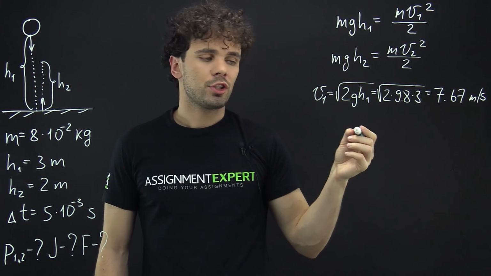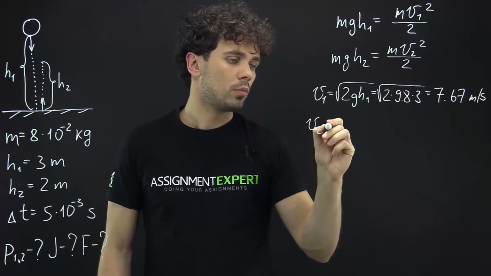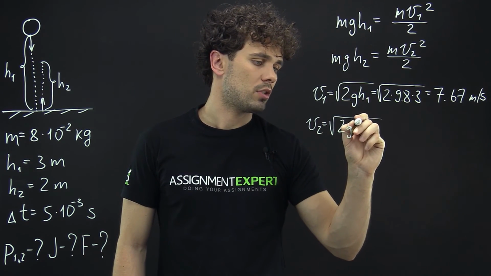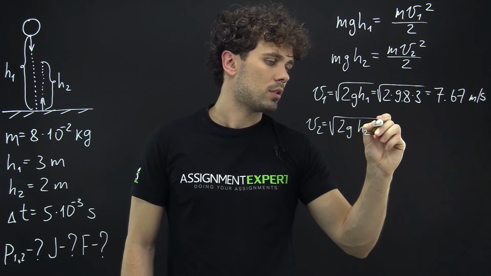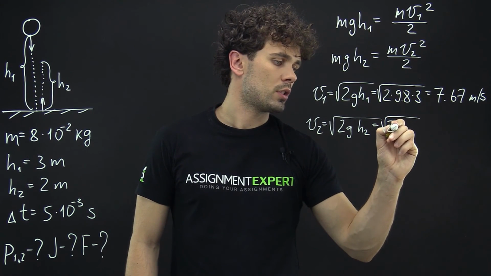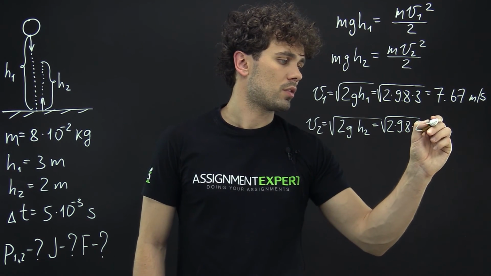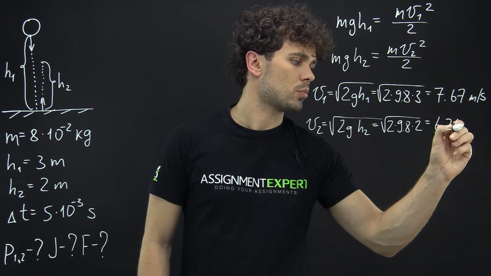And for the upward direction, we have v2 equals the square root of 2 times g times h2, and equals the square root of 2 times 9.8 times 2, and gives us 6.26 meters per second.